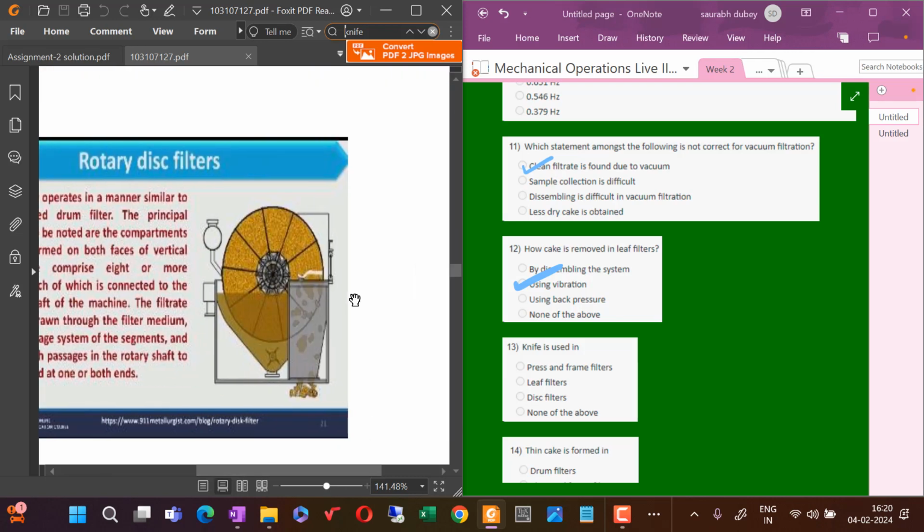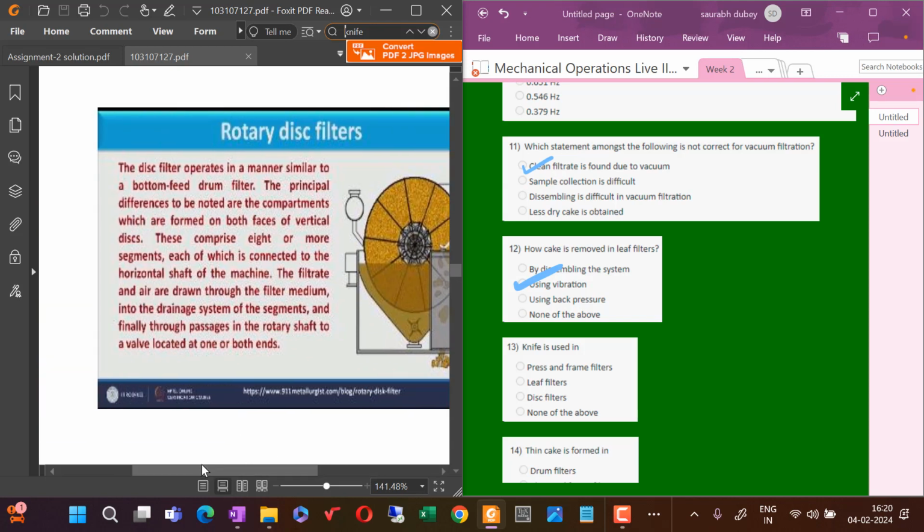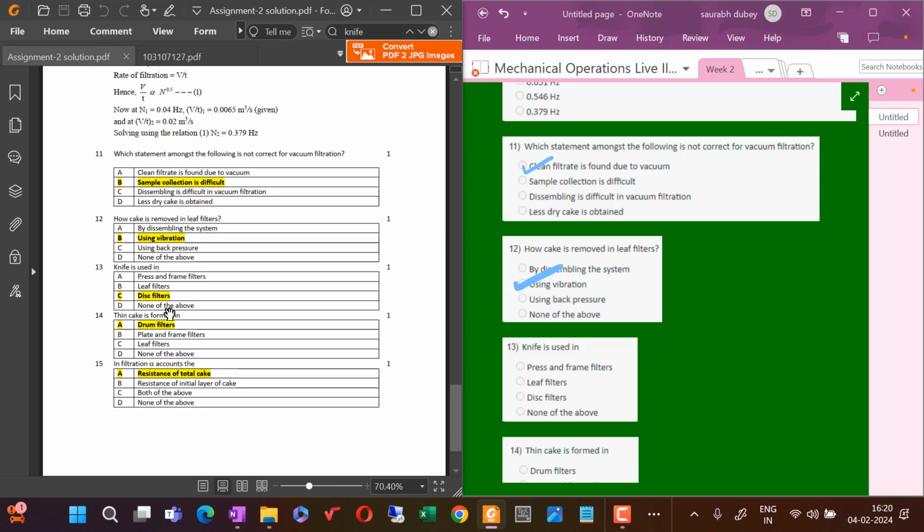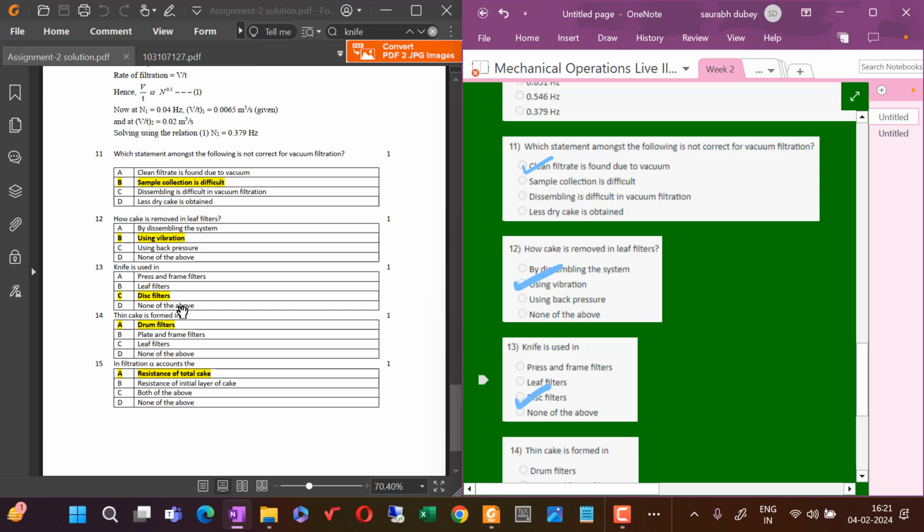You see, in this filter, something is there in order to cut the cake. So the answer to this is that the disc filter has the knife. In a similar way, there are other questions.